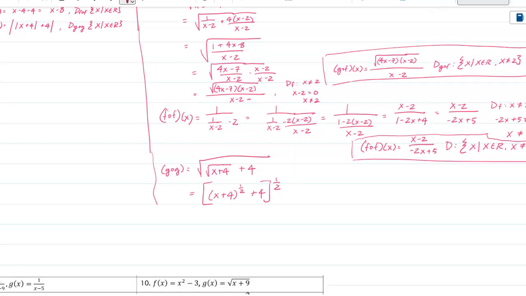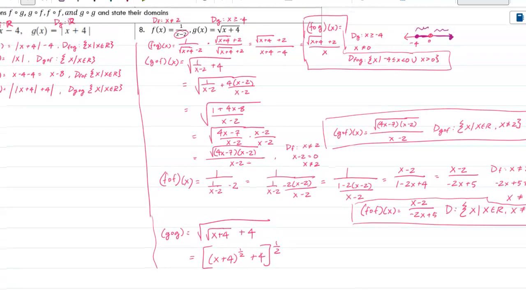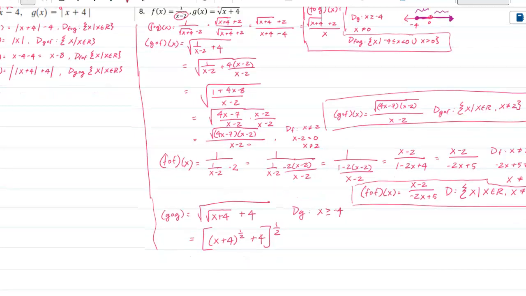Either way, it's still the same thing. It doesn't really matter. Okay, and the restriction of the domain of the input function was that x has to be greater than or equal to negative 4.